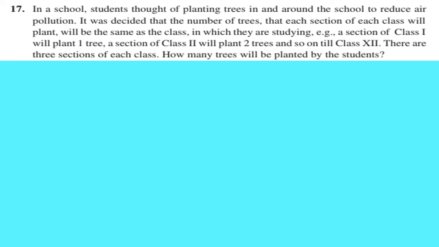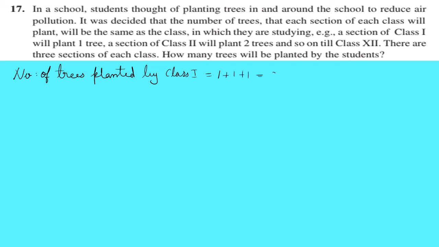So first we will write the number of trees planted by class 1. Since it has 3 sections, each section is planting 1 tree.